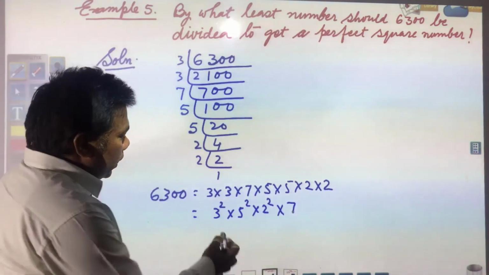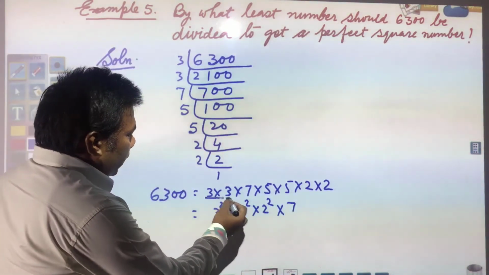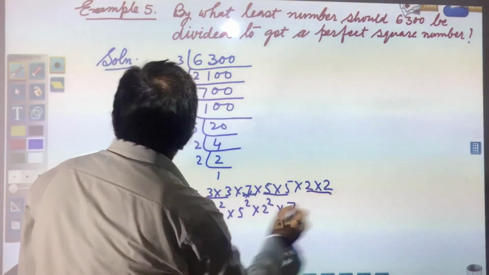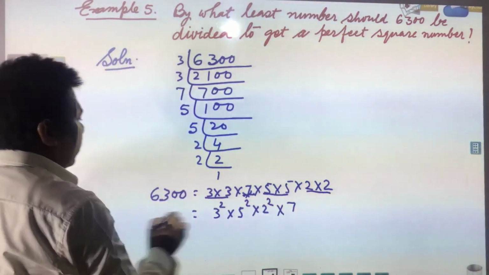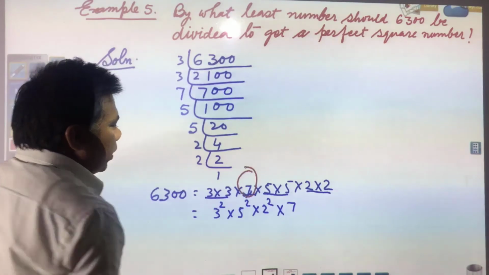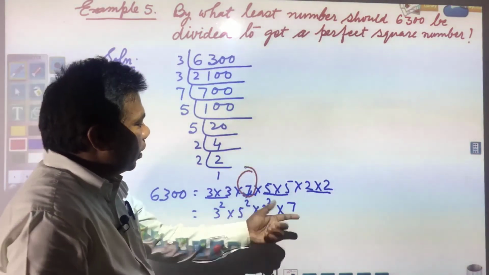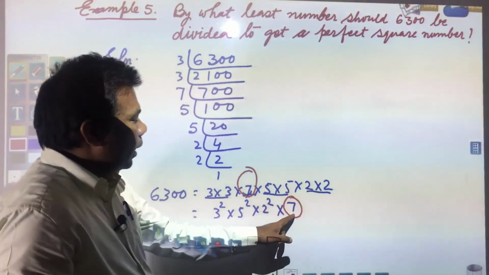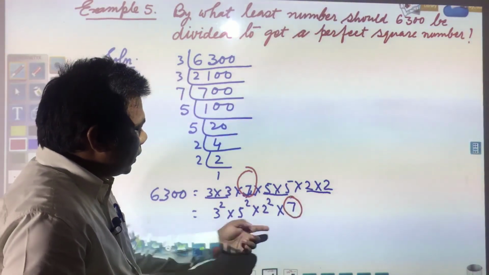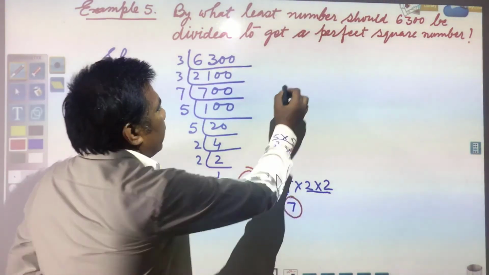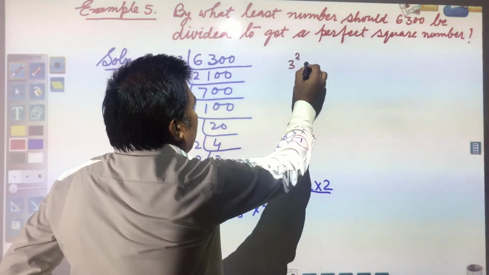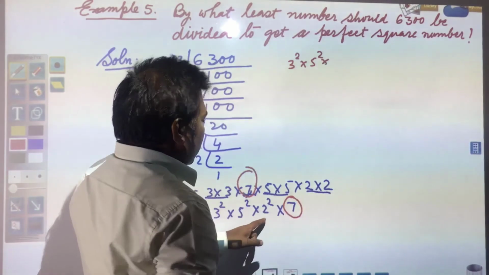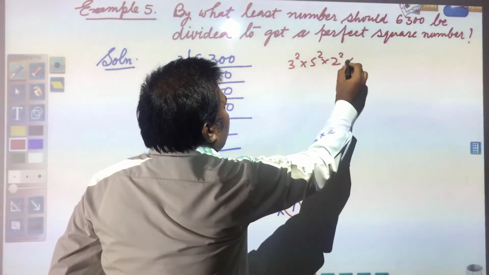So now you see pair of equal factors you have got over here, but one number you have, 7, is not having a pair. So 7 is alone. It means if you are dividing this number, you have 3 square into 5 square into 2 square into 7.